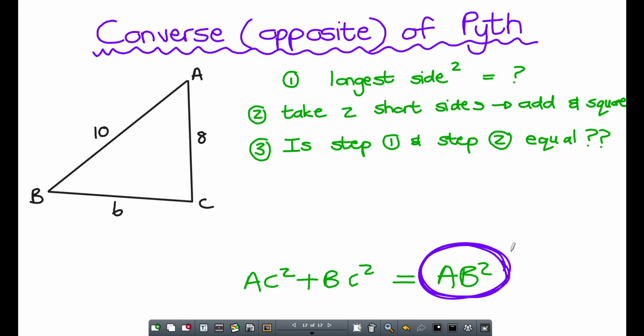Then we take step 2, take the two short sides, add them and square them. And then at step 3, are step 1 and 2 equal to each other? Because if they are equal, then it is a right angle triangle. Okay, so let me write that in.